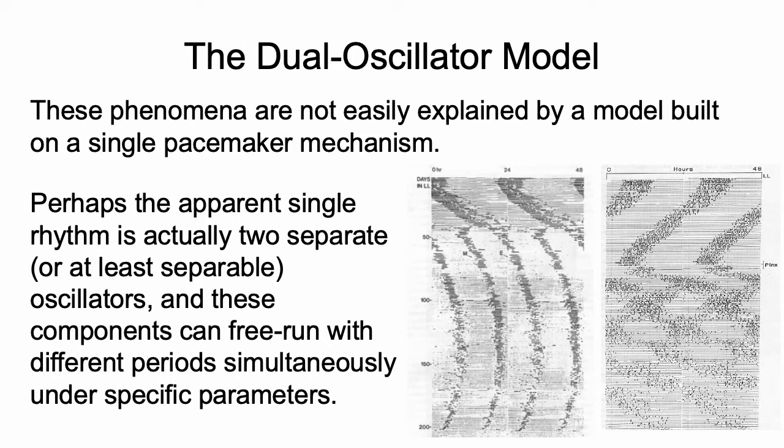That suggests that perhaps the apparent single rhythm is actually two separate rhythms, or at least two rhythms that are separable, that are most of the time coupled together, and that these two separate oscillations can free run with different periods simultaneously under specific parameters.